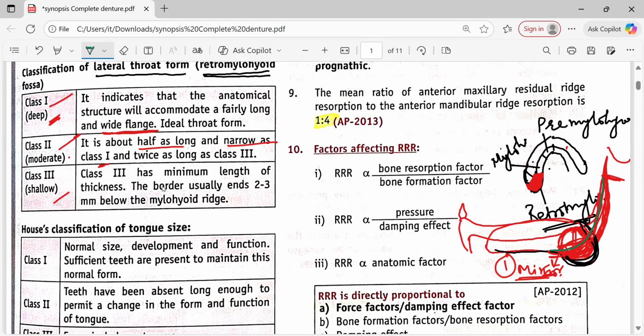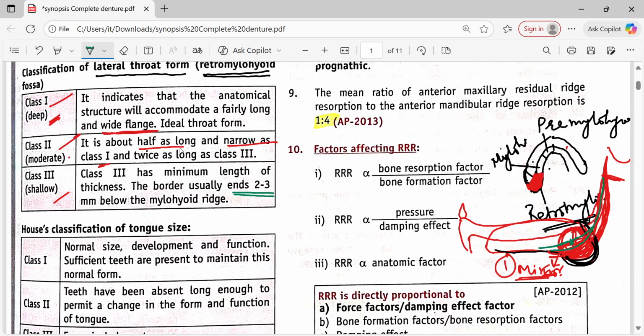And class 3 will be almost shallow. It will be ending 2 to 3 mm just below the mylohyoid ridge. As we have discussed, this is your mylohyoid ridge and it will be almost 2 to 3 mm below it. So this is the classification.